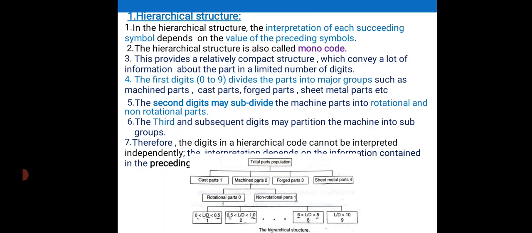Rotational parts means 0, non-rotational means 1. Then for rotational parts, an L by D ratio less than 0.5 we give the code 1, and 0.5 to 1 we give the code 2, and L by D ratio 6 to 8 gives 8. L by D ratio less than 10 gives the code 9. So based on this coding system information, we make the new code.